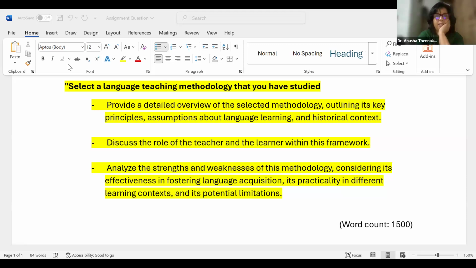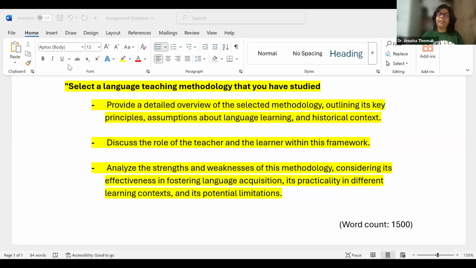Select a language teaching methodology that you have studied. So we'll think that you selected the communicative language teaching method. What are the other methods we did today? Audiolingual method, task-based learning.